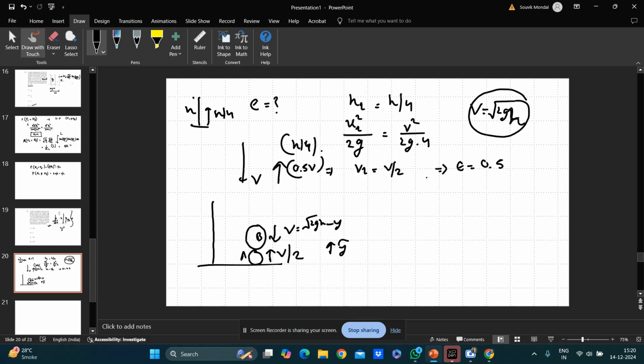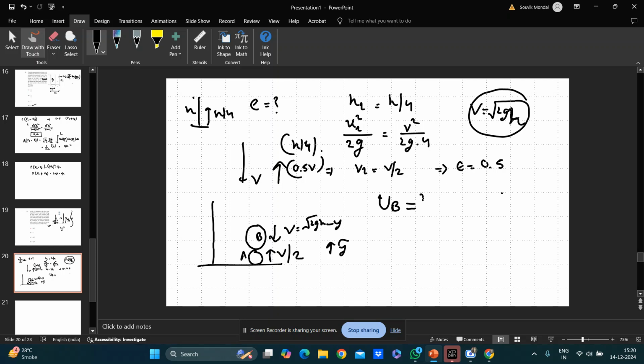If you know the formula for elastic collision directly, then you can do it very quickly. I remember that formula. Otherwise, you can derive it quickly from momentum conservation and energy conservation. After collision, suppose the velocity of ball B is UB.